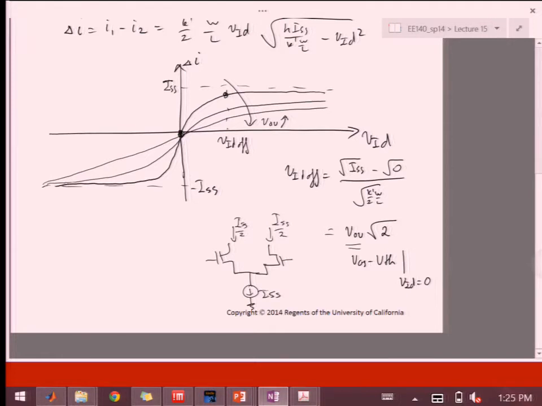Right. So, and I have no differential voltage applied. So I just have bias at both inputs. At that point, this overdrive would be a square root of ISS over 2 over K prime WL, right? Okay.